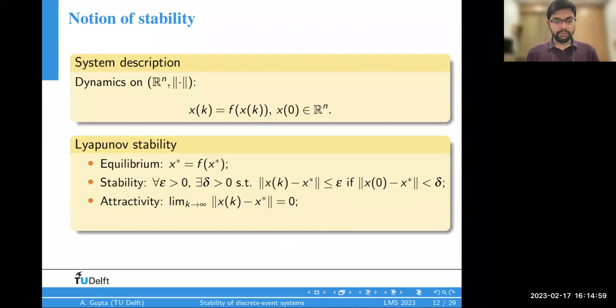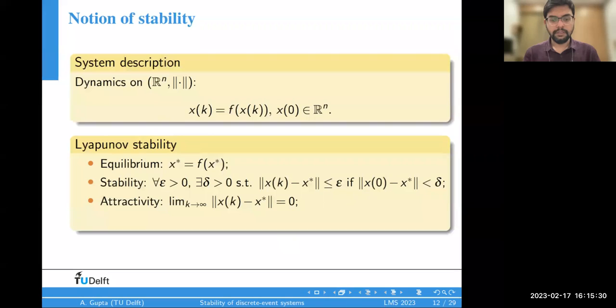Another variation is where I use a different kind of norm, and then I get different kinds of stabilities. And attractivity does not necessarily have to be asymptotic. It can be exponential. Especially for max plus linear systems, we do see exponential convergence because of this turnpike phenomenon in max plus linear systems.